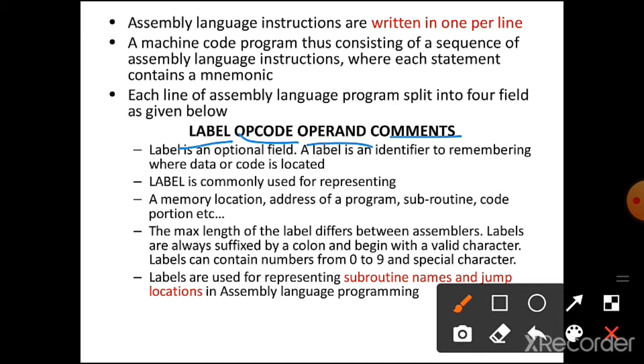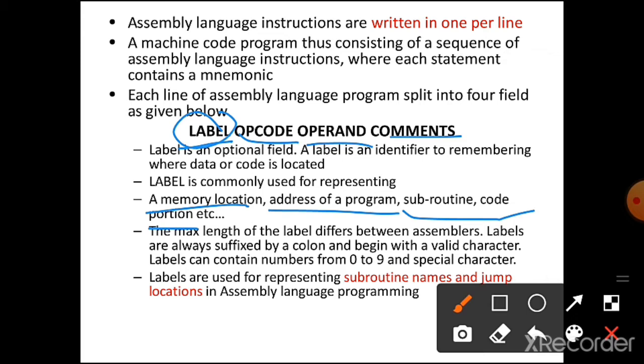The label is an optional field. A label is an identifier for remembering where data or code is located. A label is commonly used for representing a memory location, the address of a program, a subroutine, a code portion, etc. The maximum length of a label differs between assemblers.